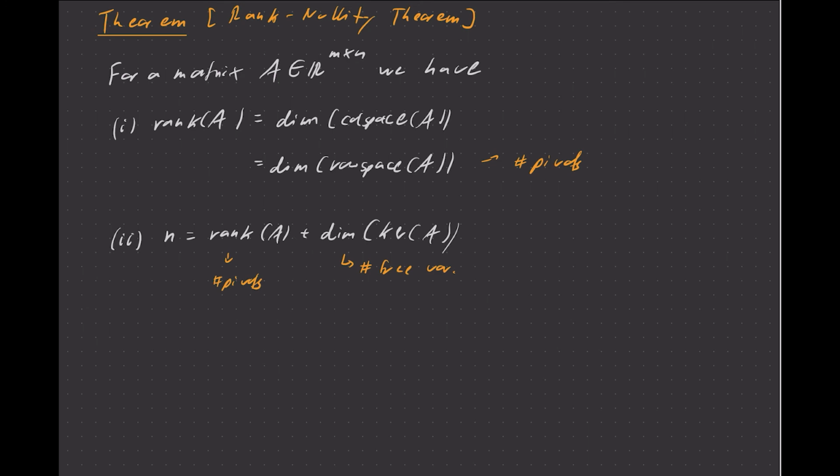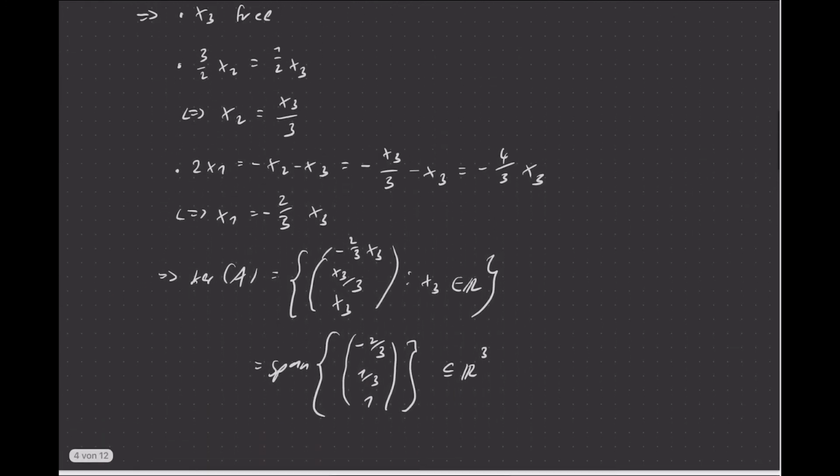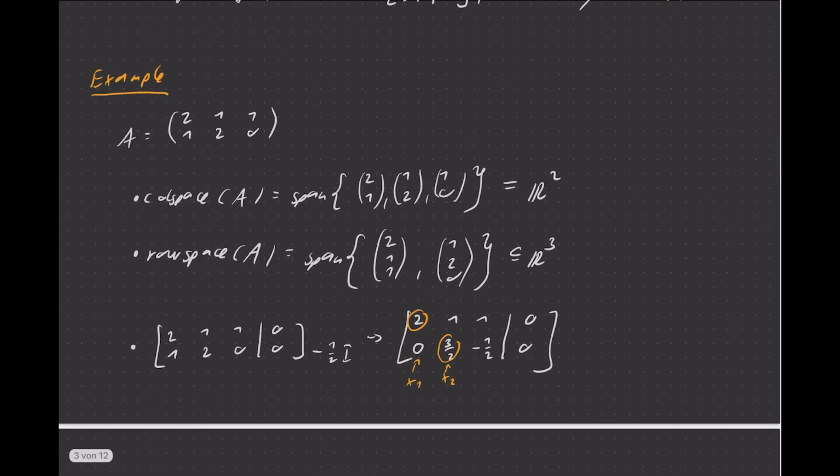Have a look at the examples here. If you compare first the column space and the row space, you'll notice the row space is two-dimensional. You can see that here in the last row, for example. These two vectors are obviously linearly independent, so the row space here is two-dimensional. And the column space, well, the column space is R2.